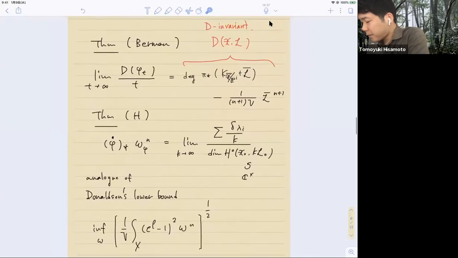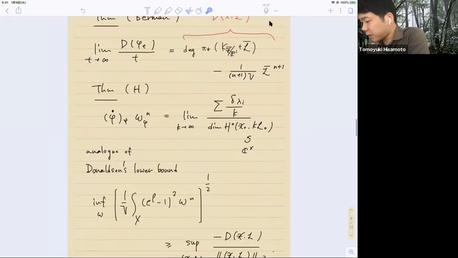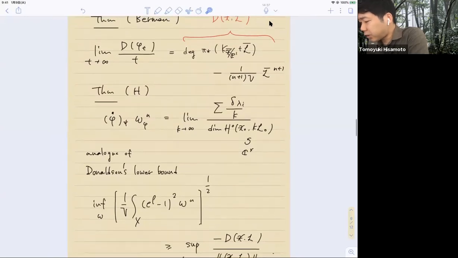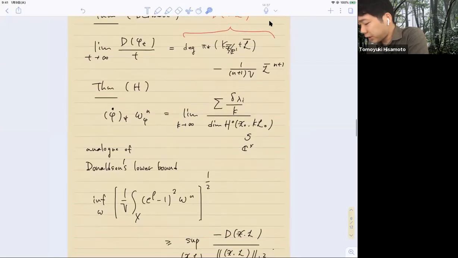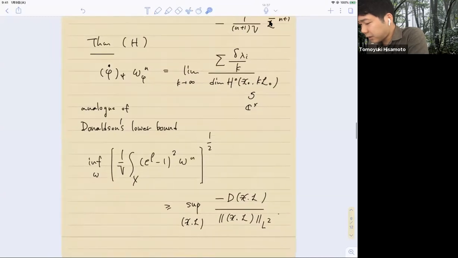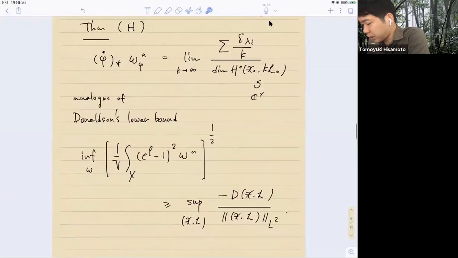So the two quantities can at the same time be translated into the world of geometry. So we have some analog of Donaldson's famous lower bound inequality.